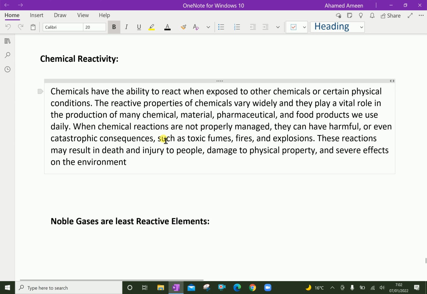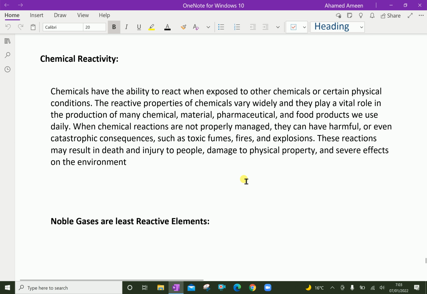When chemical reactions are not properly managed, they can have harmful effects or even catastrophic consequences such as toxic fumes, fires and explosions. These reactions may result in death and injury to people, damage to physical property and severe effects on the environment. So chemical reactions should be handled with care.